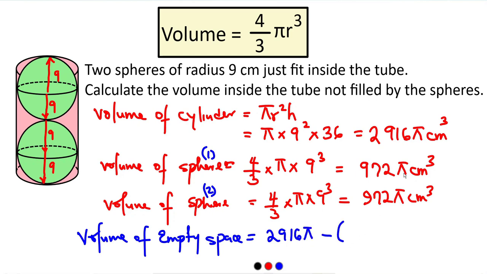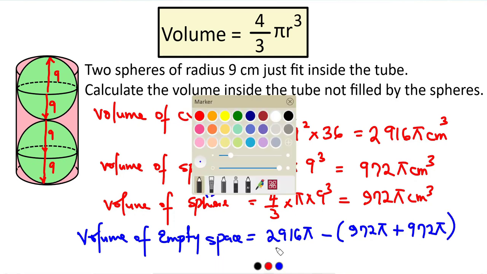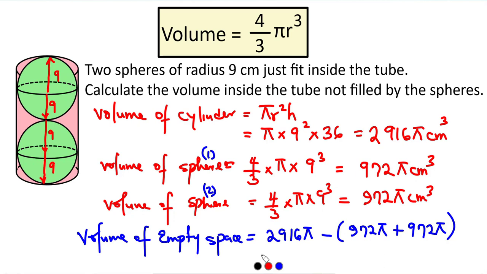Take away the sum of the volume of two spheres, which is 972 pi plus 972 pi. Now, if you work this out, you're going to get 972 pi, and of course this is in centimeter cube, but in terms of pi.